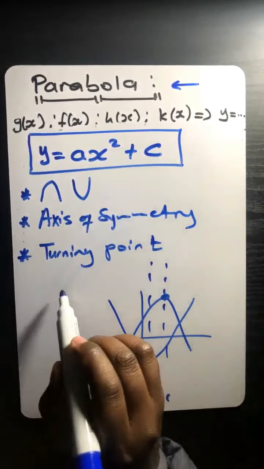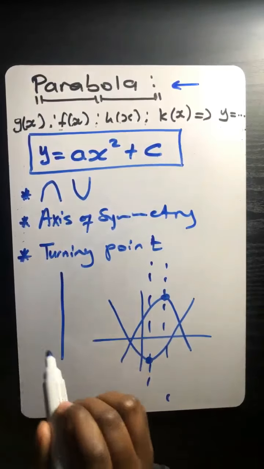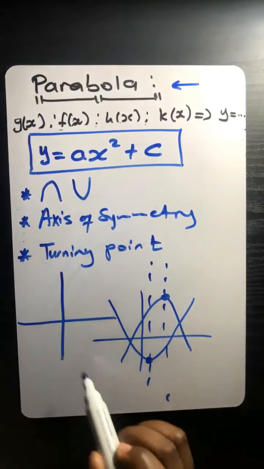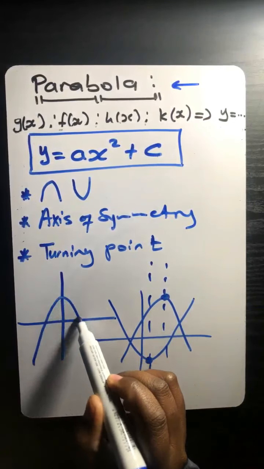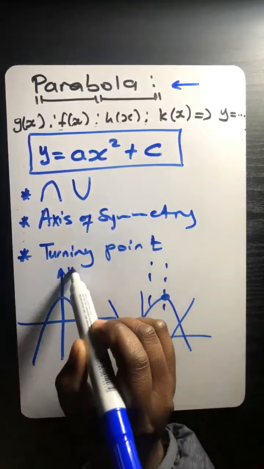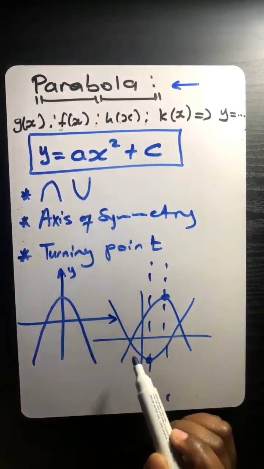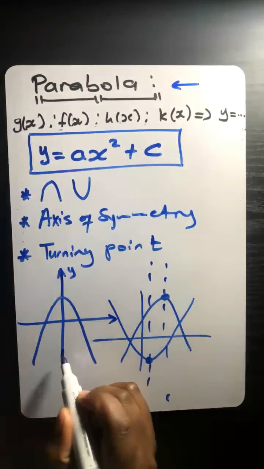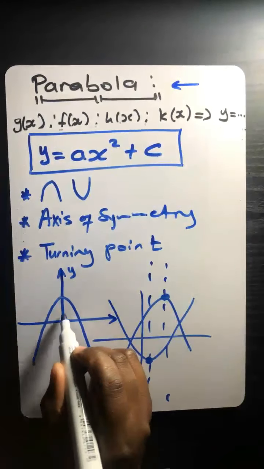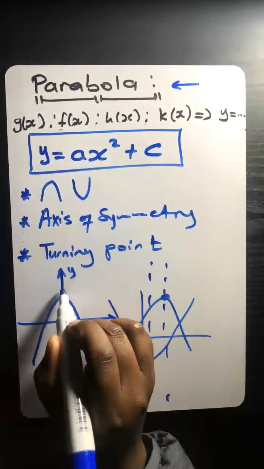Something interesting, guys, curious in grade 10. If a parabola, let's say the turning point turns there along the y-axis, your axis of symmetry is within this y-axis. Why?